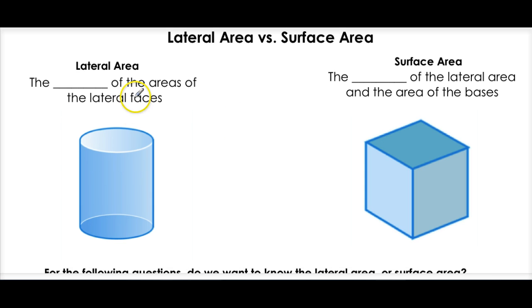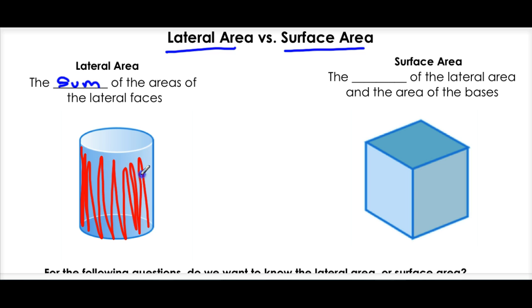We're going to be talking about two things today, lateral area and surface area. What is lateral area? The lateral area is the sum of the areas of the lateral faces. Just to put this in simple terms, it just means if you want to find the area of everything on the side of the shape.